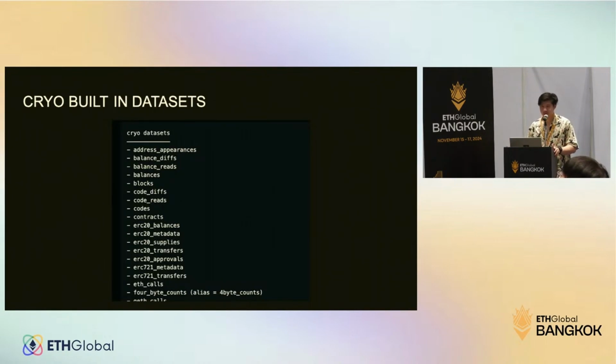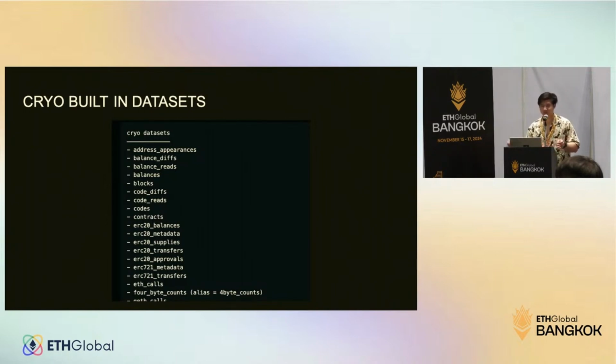There's a couple of datasets in Cryo that you can play around with. There's balances, and there's blocks, where you get data such as the block number, the hex string, the block value, the miner, and so on. You can also query ERC20 balances, such as how many USDC or USDT were in this contract at a given time.